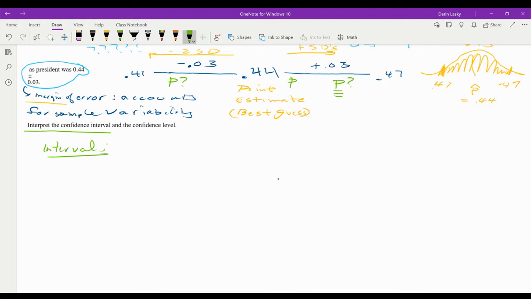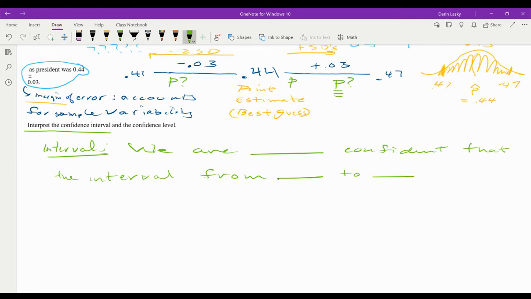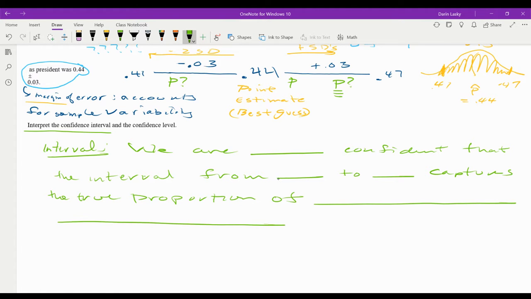It's going to say: we are blank confident that the interval from blank to blank captures the true proportion of blank. That's our template here, okay?